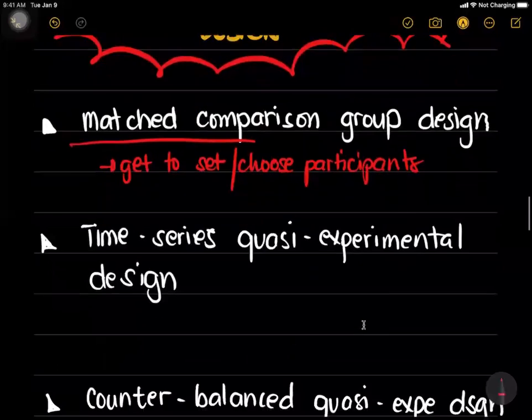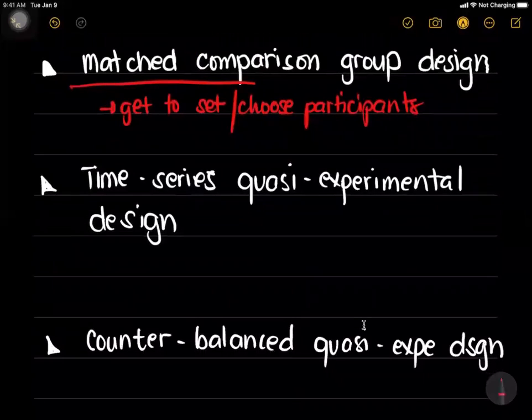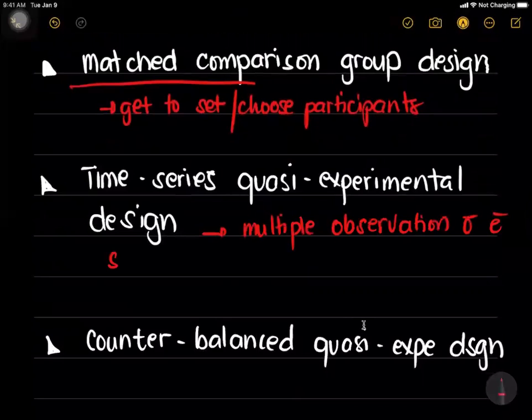Okay, the second one is your time series quasi experimental design. Your act of controlling variables in this type of design is through multiple observation of the subjects. And this multiple observation of the subjects is done usually before and after the treatment condition applied to the experimental group.